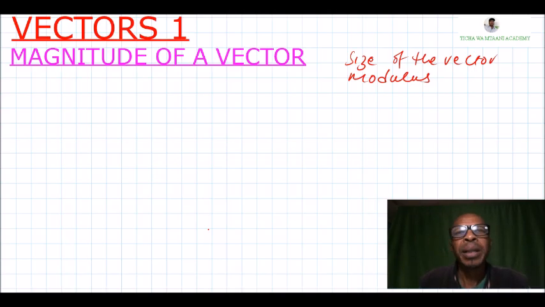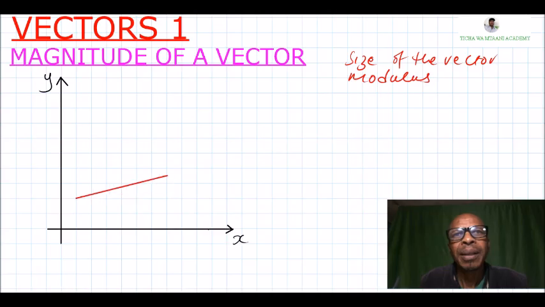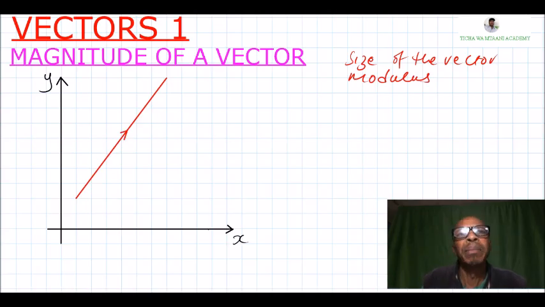I'm going to draw a Cartesian plane here. Let me use a black color. So this is our y, this is our x, and we can draw a vector here. That's the vector I want to use to describe the magnitude.